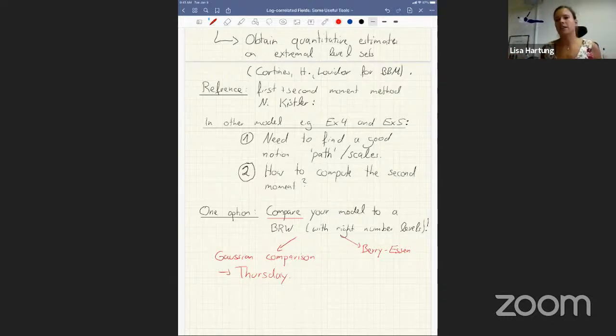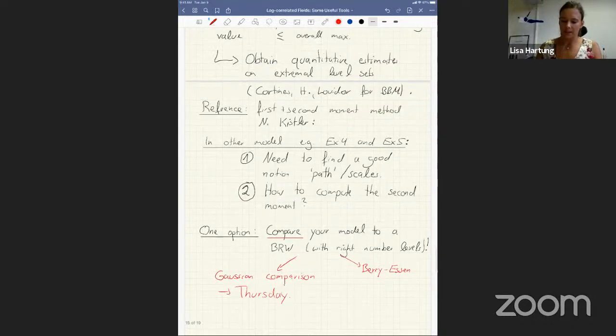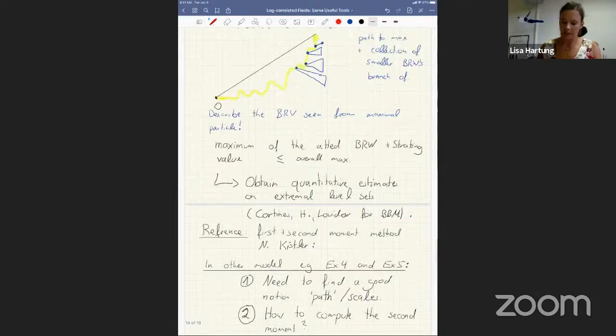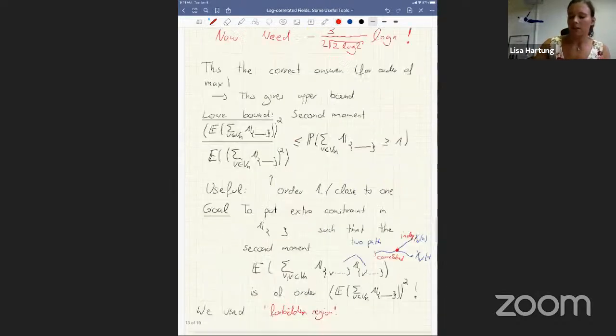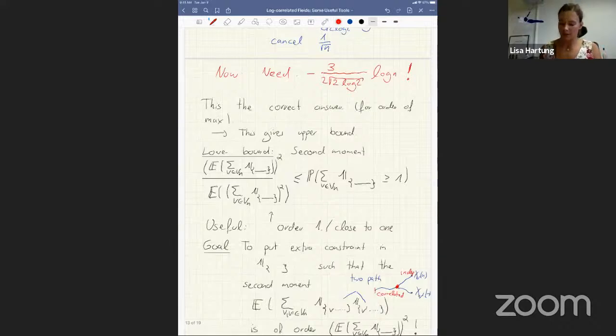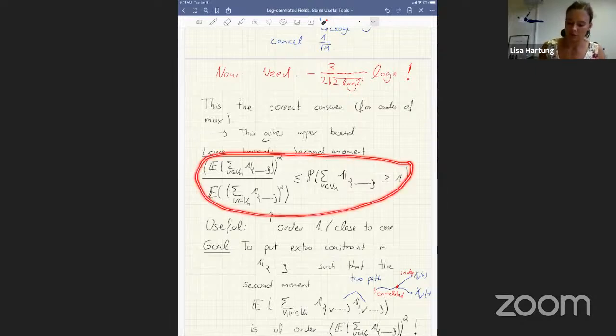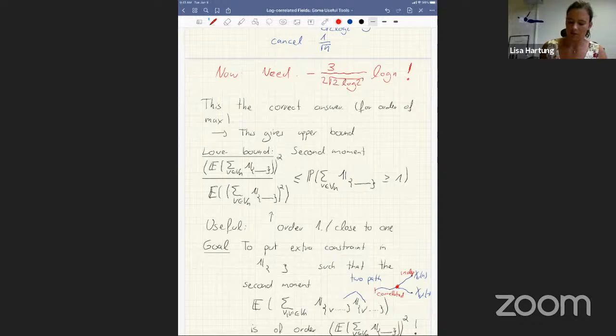The second thing you should keep in mind is that upper bounds work with Markov's inequality, and lower bounds really like to use the Cauchy-Schwarz inequality, or Paley-Zygmund inequality. This is a very useful inequality because it's rather basic, but it's true and useful.